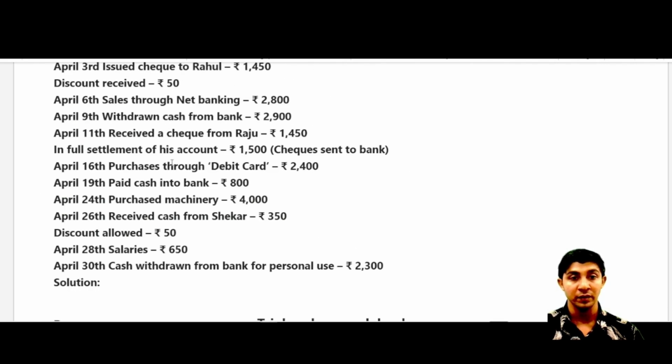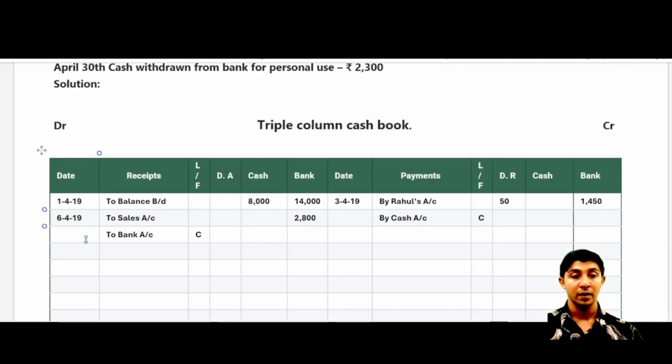The date for this transaction is 9th. withdraw करें ना आप 9th and the amount is 2,900. First we'll write the date, that is on 9th April 2019. Done.